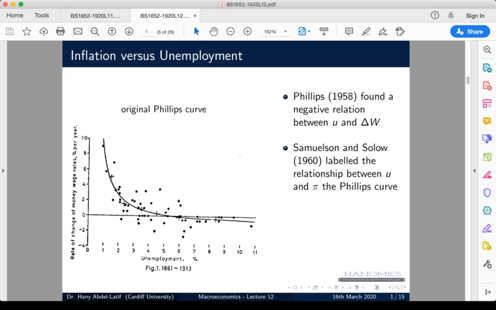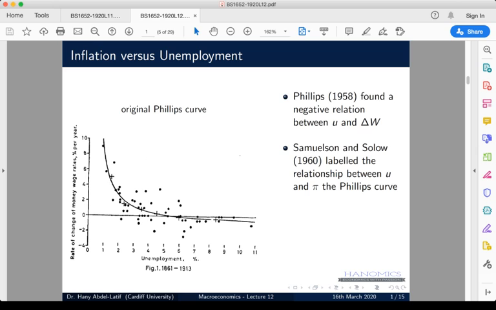So basically, the original relationship which was proposed or observed by Phillips in 1958 was mainly for UK data, and showed that there is a negative relationship between the unemployment rate and the rate of change of money wage rate.